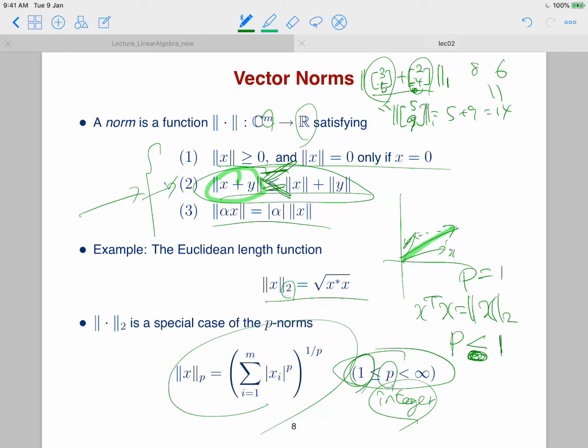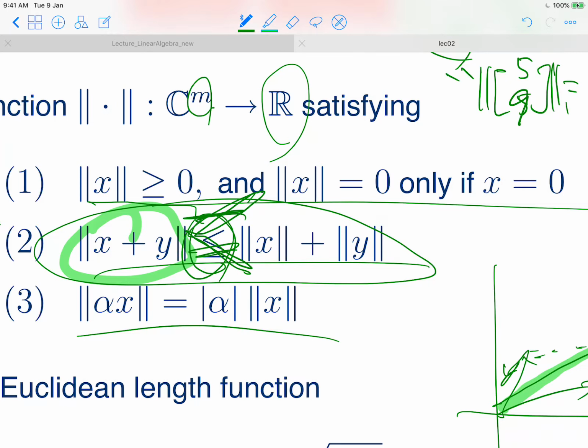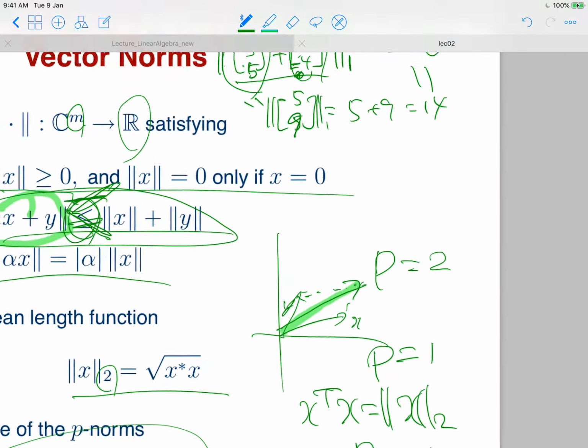Okay, and then also in the case of another norm where P is 2 or 3 and so on, when do we achieve this equality in our triangular inequality? So what's the condition for it?